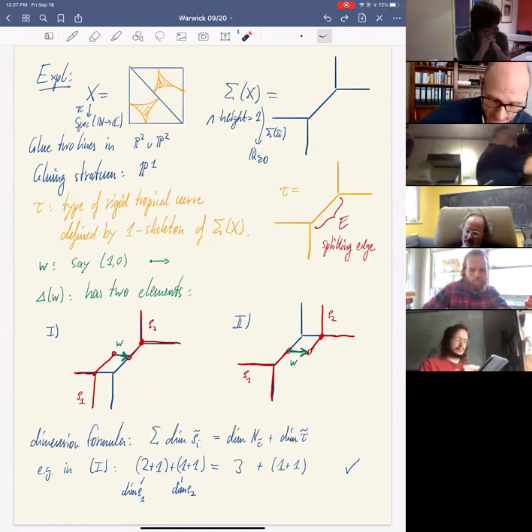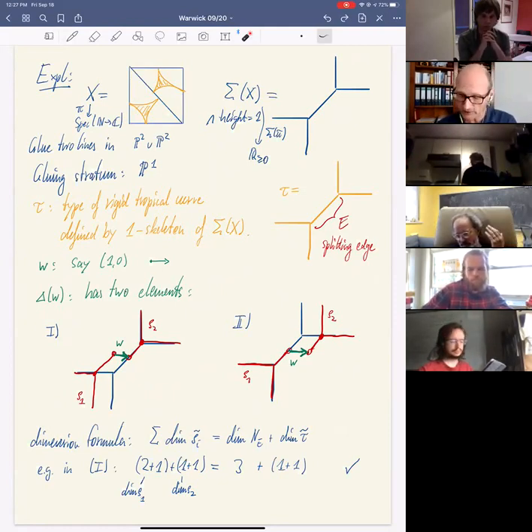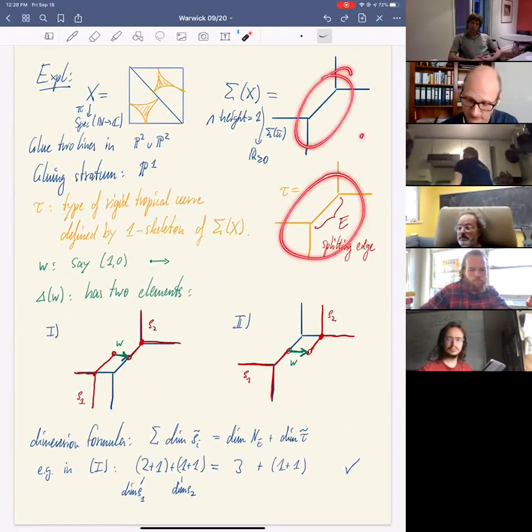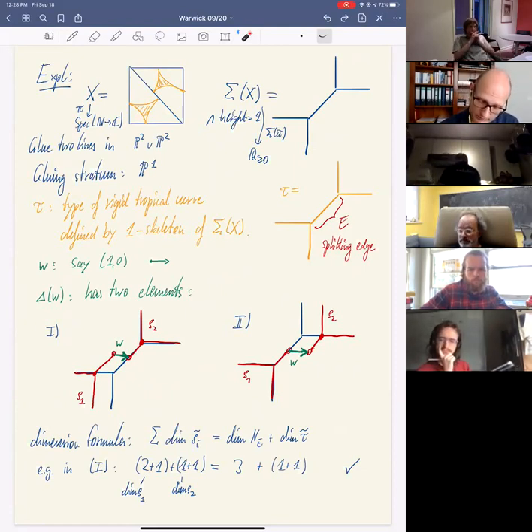Now let's take tau. What is tau? Tau is the type of the rigid tropical curve that is hard to draw because it's just the one skeleton of sigma of x. Okay, it just agrees with this picture, but that's a coincidence in this particular situation. It's just saying, indeed, there's an element of the moduli space where this vertex, this irreducible component, maps to the interior of this component.